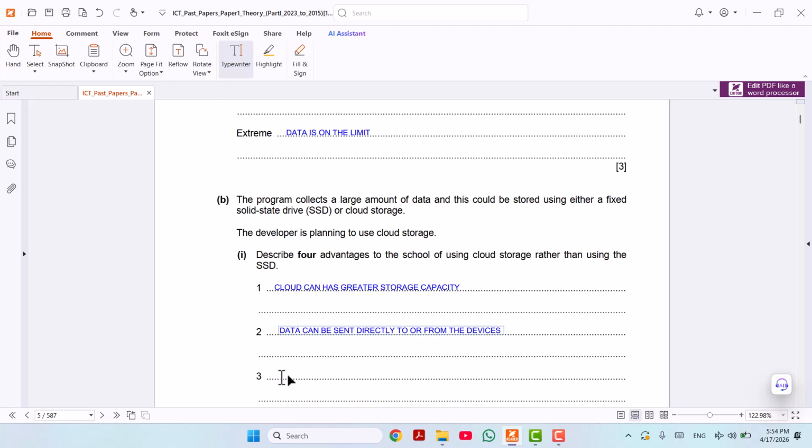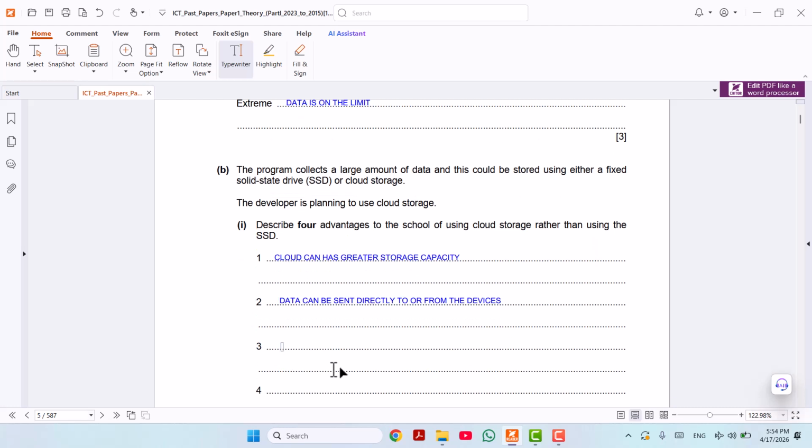Okay. Number three, we have another thing. In the cloud, many people can use it, but the SSD is private for me. Many people can use it.